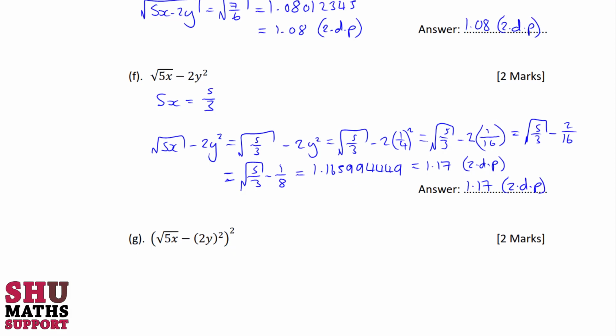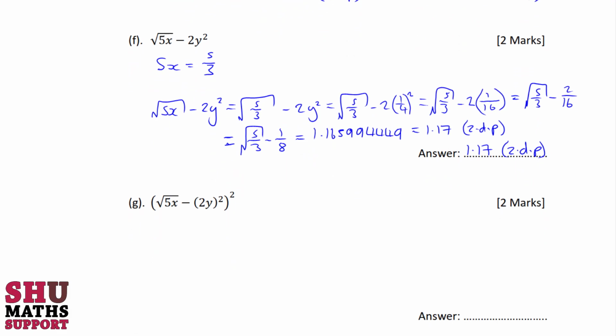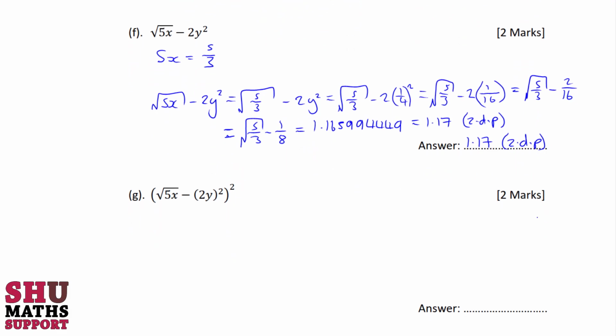And then the last question for this part is we have the square root of 5x minus 2y squared, all squared. So we know that 5x is equal to 5 over 3.